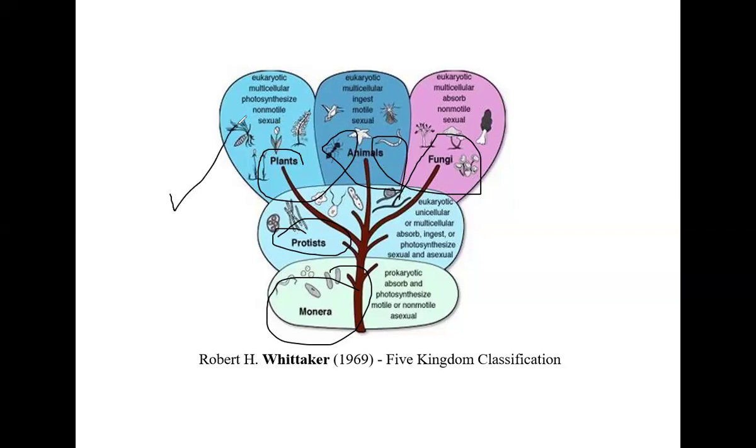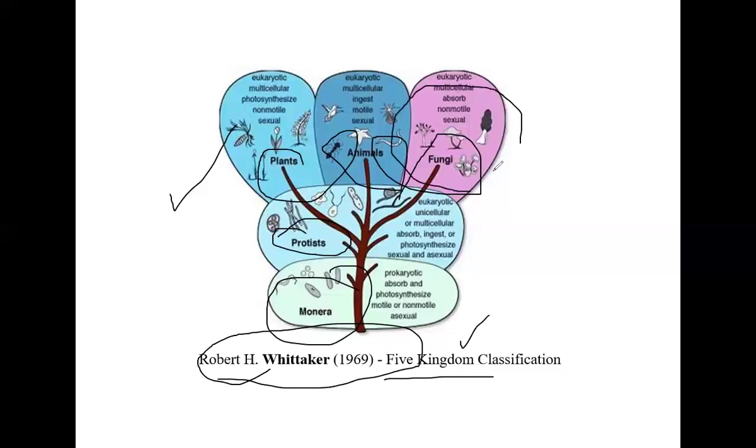Living organisms are divided into five groups as per whose classification? Whittaker classification. We divided the living organisms into five kingdoms. Here you see fungi are separated as a kingdom. They are not included in the plants, not included in the animals.